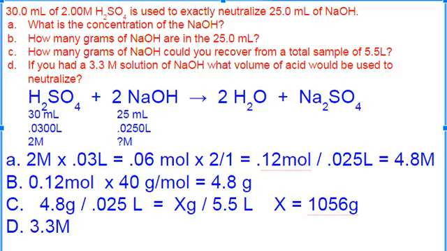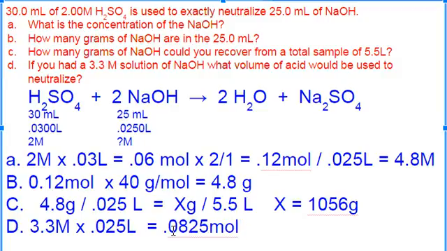I can take 3.3 moles per liter times the 0.025 liters that I know I'm using. So I'm trying to neutralize 3.3 times 0.025, which means I'm talking about 0.0825 moles of NaOH I'm trying to neutralize.